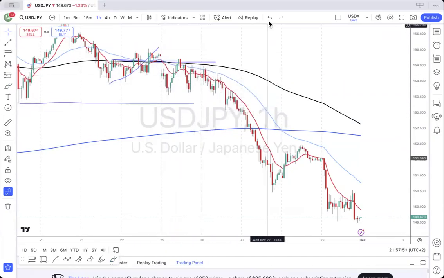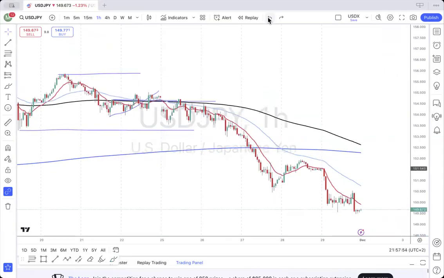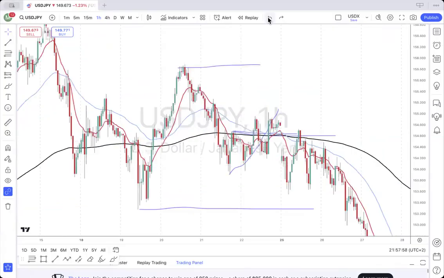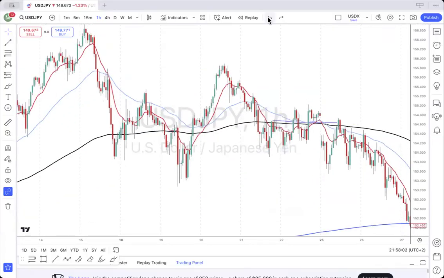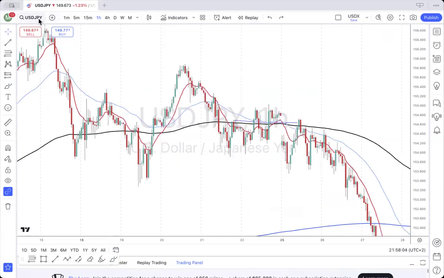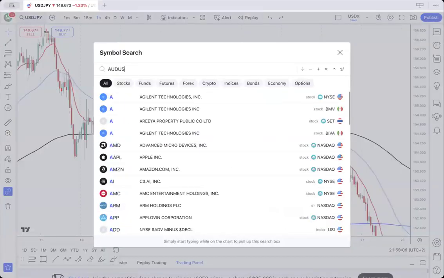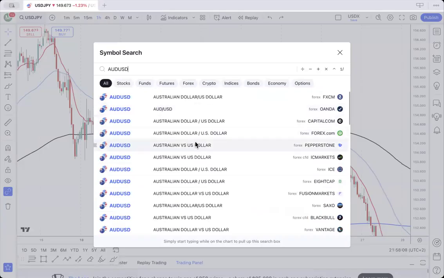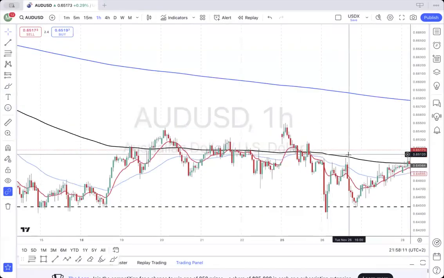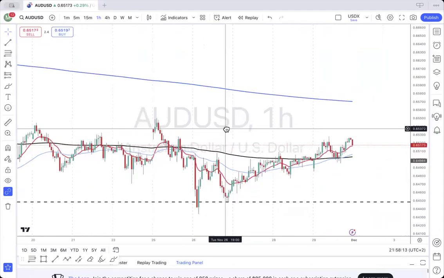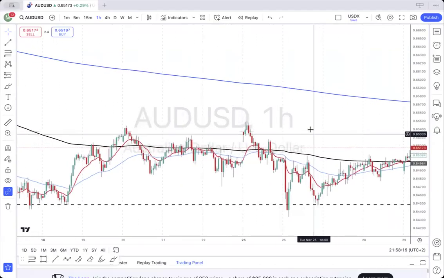Now, I'm not saying people should not put stop losses on break even, all right? Yes, you can put your stop losses on break even, and it's okay to have your stop loss taken out. It's very much fine. But what I'm trying to say is if you just entered the trade, don't put your stop loss on break even straight away, because if you do that, then it means you're going to get hit.